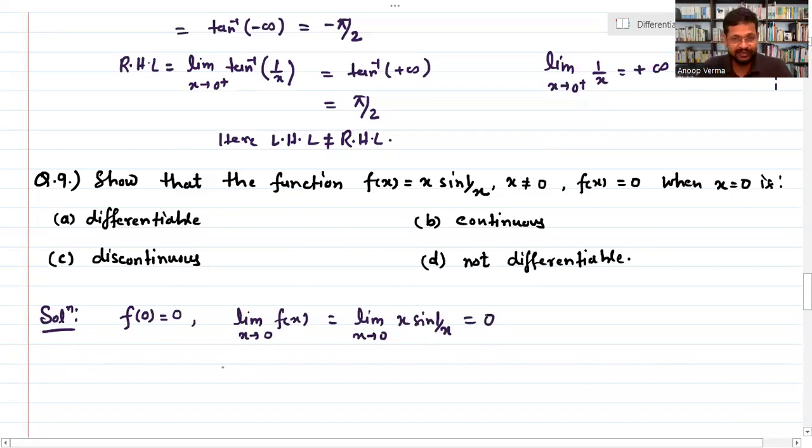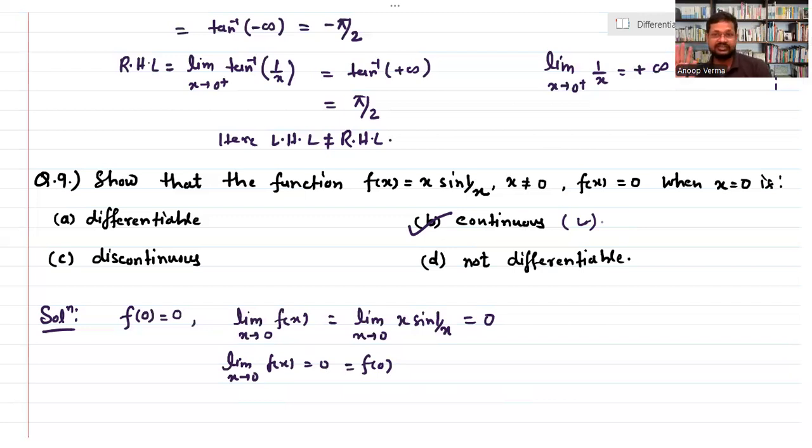So the limit of the function as x tends to 0 is equal to 0, and that is equal to the value of the function. So it is continuous when x is equal to 0. So option B is correct, but continuity does not define differentiability. If the function were differentiable, we could say it is continuous, but since it is continuous, we cannot speak about differentiability. So further we have to check differentiability as well.